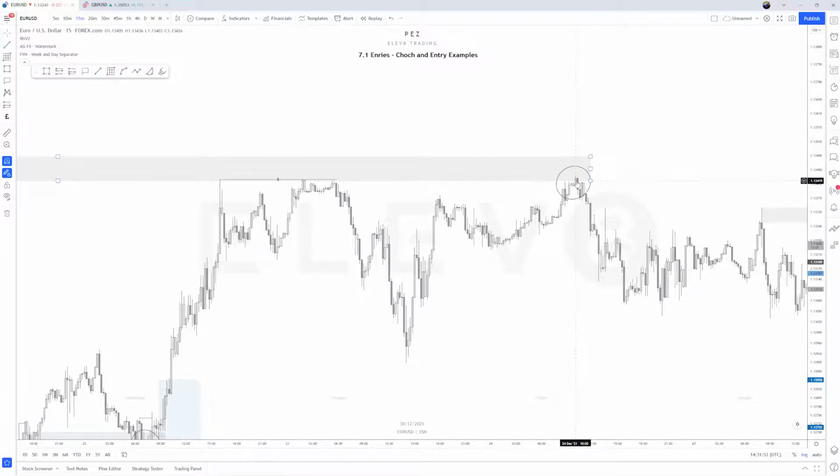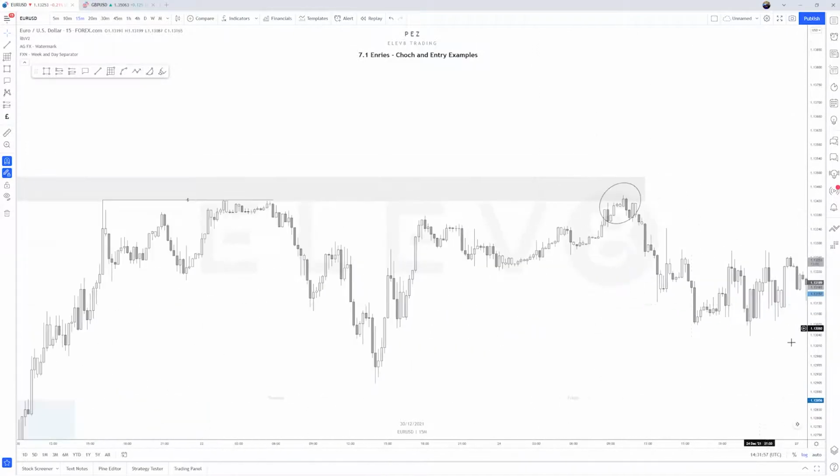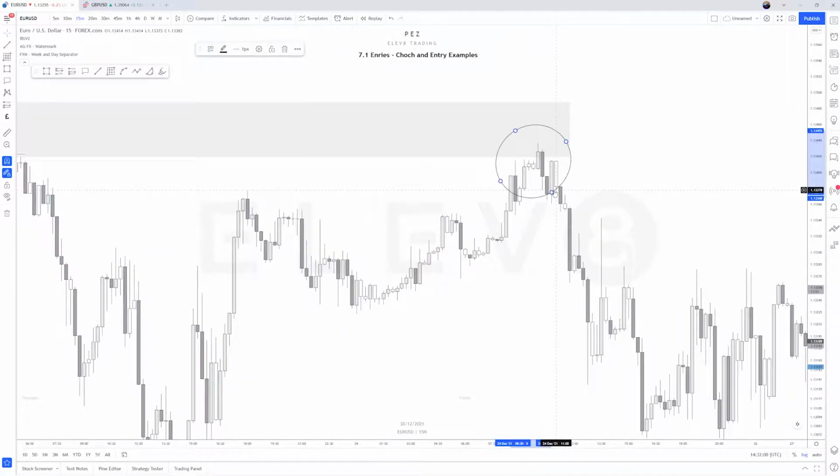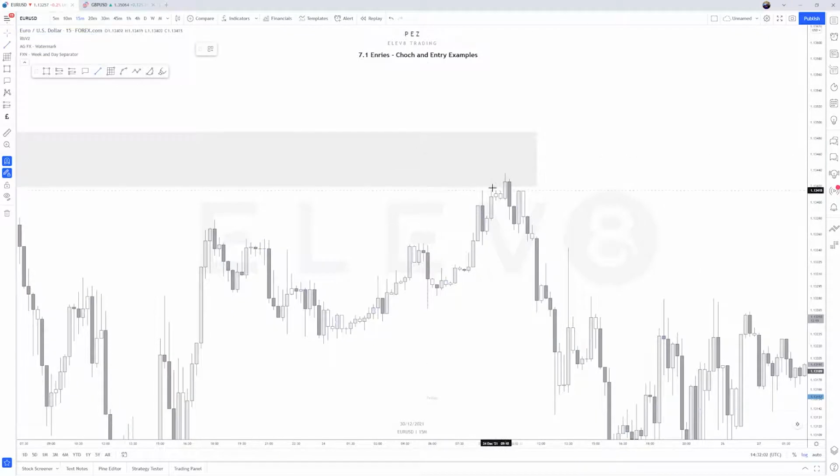And as you can see, at 10 AM we come and tap into it further, sweeping this liquidity. And we're looking for our change of character again. So we take this high and take the low of the inside bar. So entry goes on 50% here, like so.